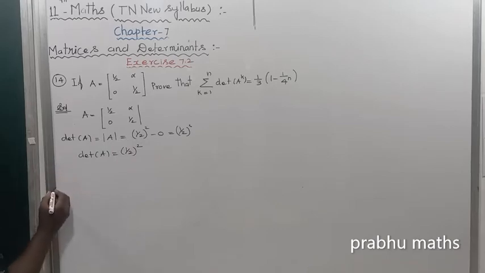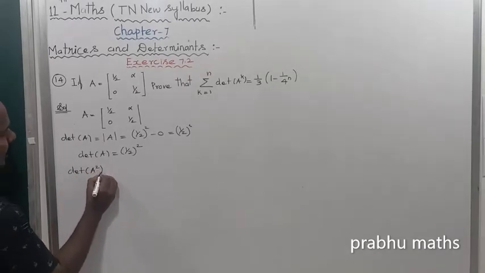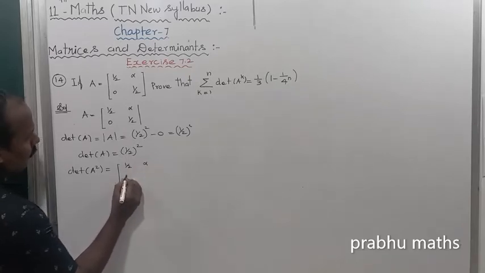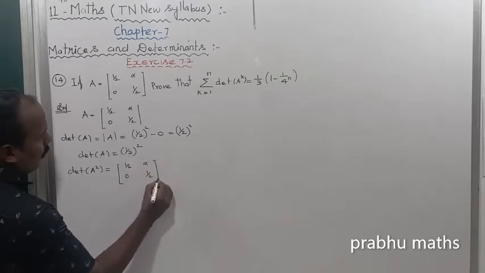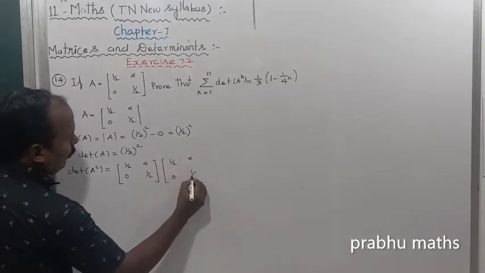Next, to find the det of A square, A square is equal to the first matrix 1 by 2, alpha, 0, 1 by 2, multiplied by the next matrix 1 by 2, alpha, 0, 1 by 2.